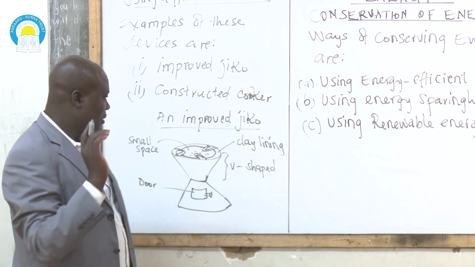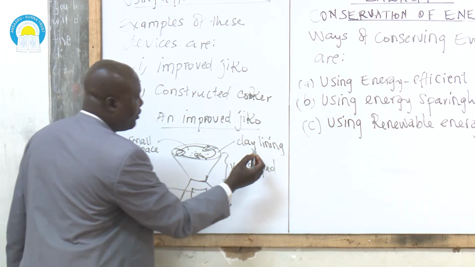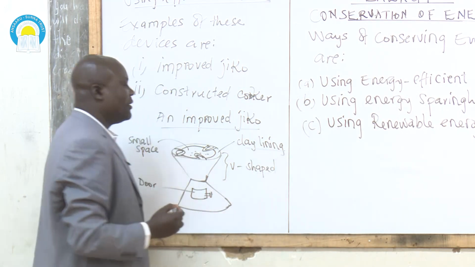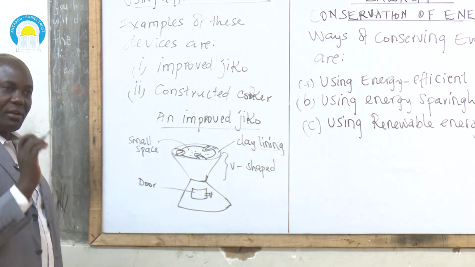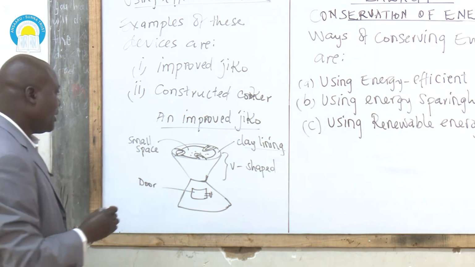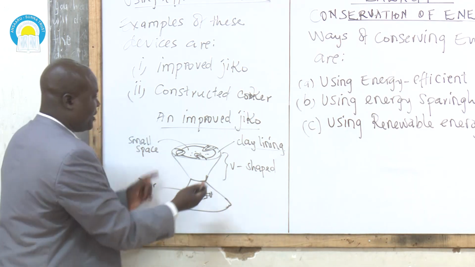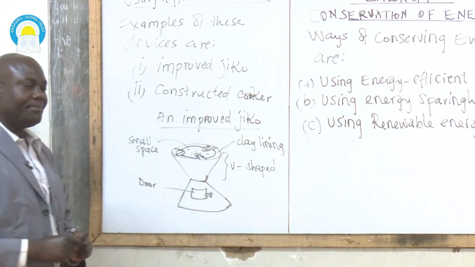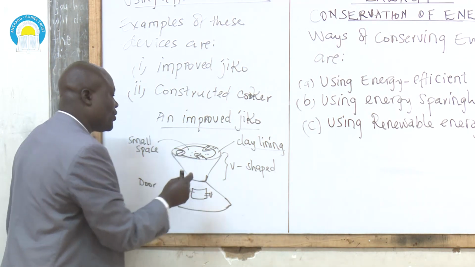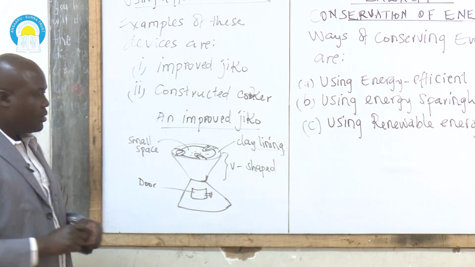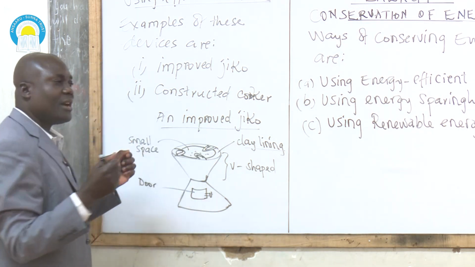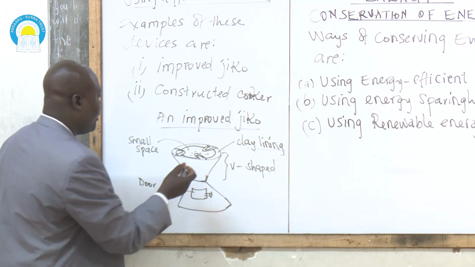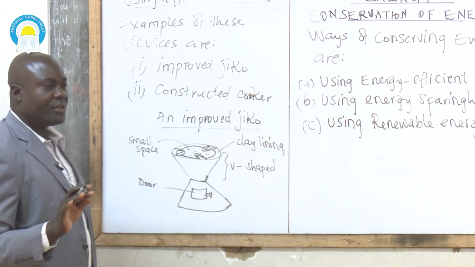First, the clay lining prevents loss of energy through radiation. Then the V-shaped part helps to collect the charcoal together. When the charcoal is burning, it will be brought down without you shaking, so the problem of shaking is not there.